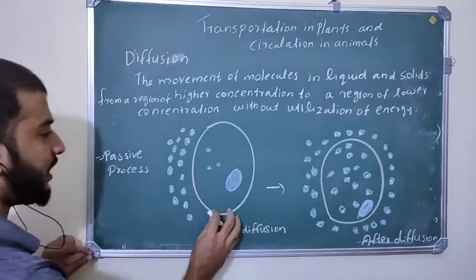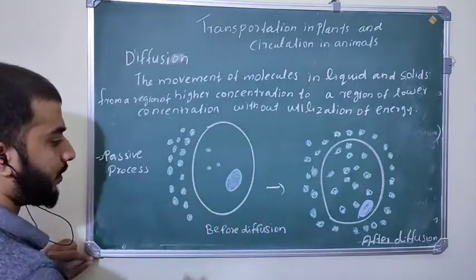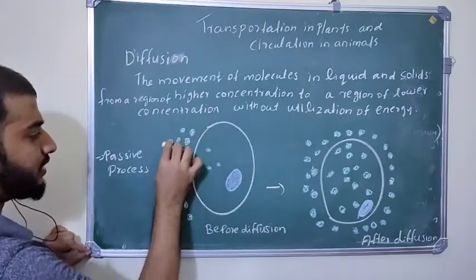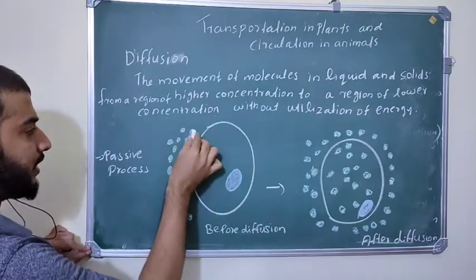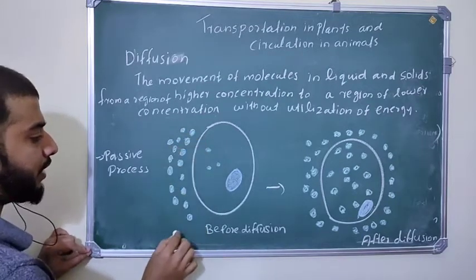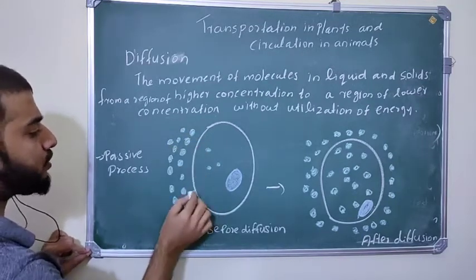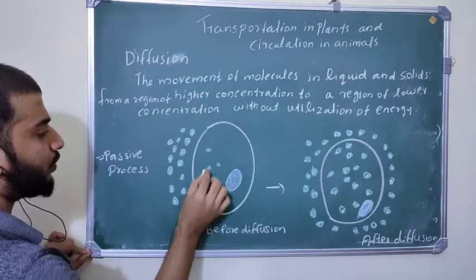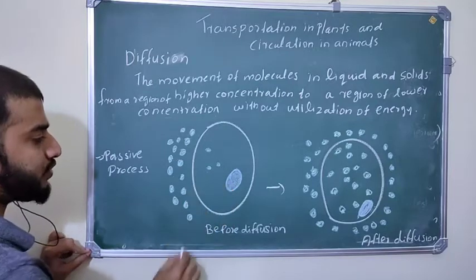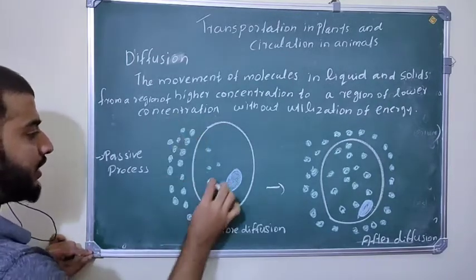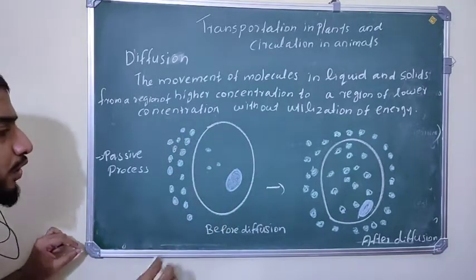You can see here one plant cell. This is the condition before diffusion. Outside the cell, the molecule concentration is very high. You can see a larger number of molecules outside the cell, but inside the cell the concentration of molecules is very low, that means the number of molecules is very small.